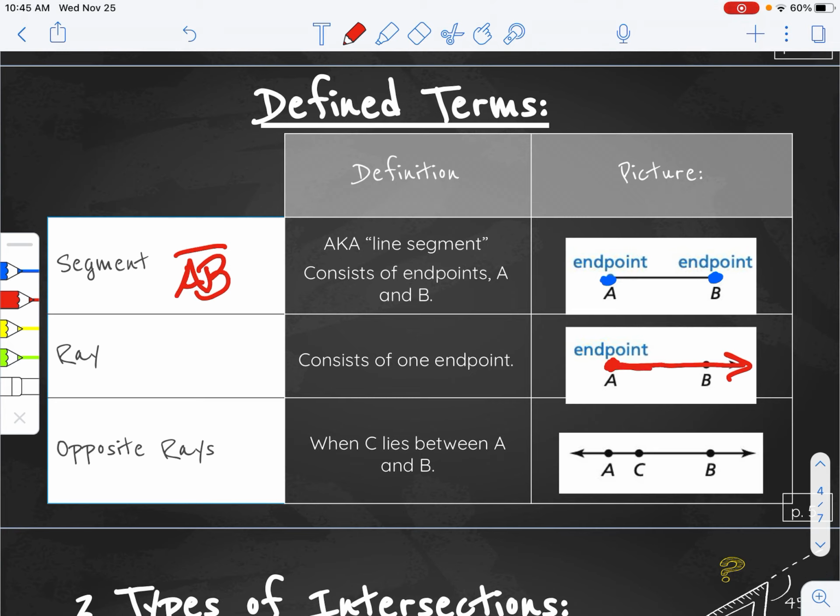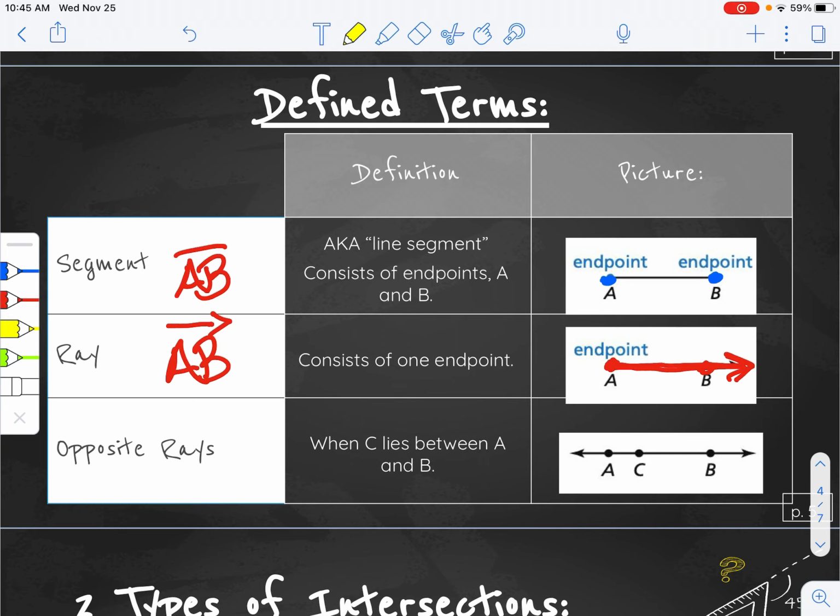Point A is the starting point, and then a ray goes from there through point B. So when we're talking about a ray, we call that ray A, B. And notice that we have just an arrow up here on top. So segment, we have a line on top. Ray, we have an arrow on top.